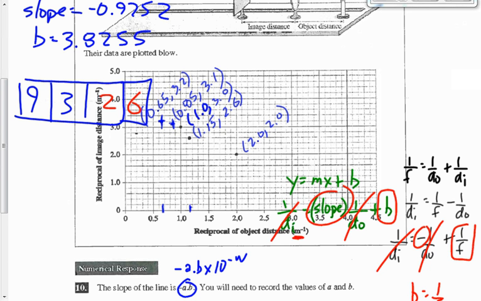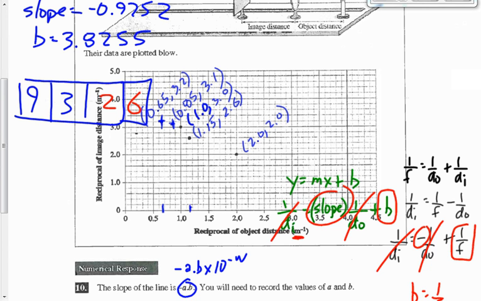You will get a graphing question on this exam. There will be one of them. You will need to enter data into your calculator to get the slope and the y-intercept. You will likely need to use the slope for something, and there's a decent chance you need to use the y-intercept, although a slightly smaller chance on the y-intercept than there is for the slope.